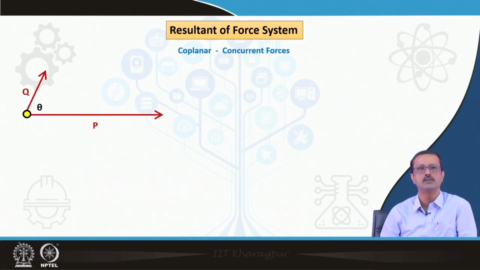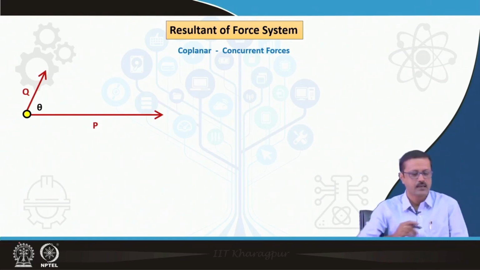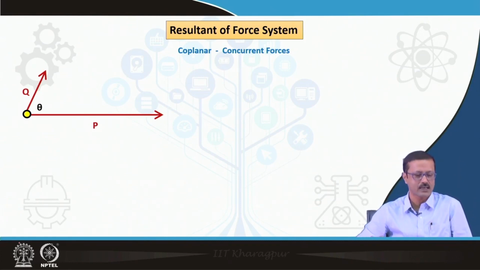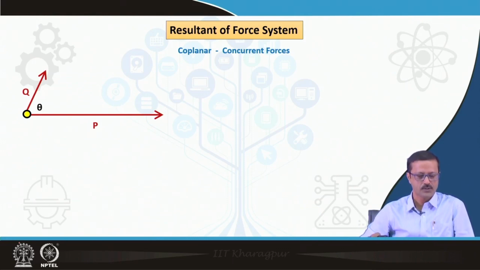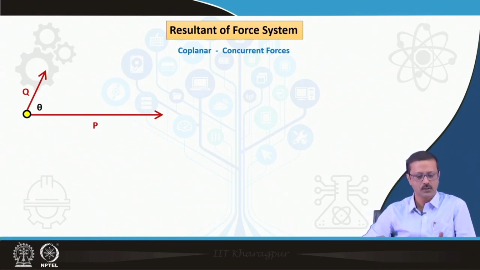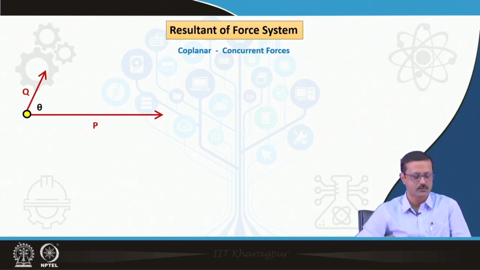Suppose P and Q are inclined at theta degrees, and I want to find the resultant force. Suppose this is a yellow ball and somebody is pulling it with a higher force P in the horizontal direction, and another person is pulling the same ball with a smaller force Q, in the theta direction with respect to P. We know that the influence of P will be much higher than that of Q, because the magnitude of P is higher.